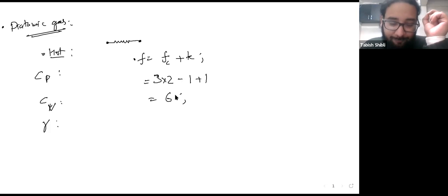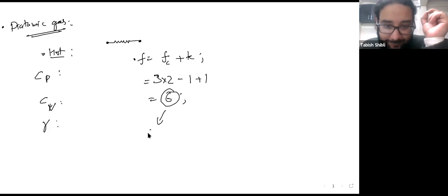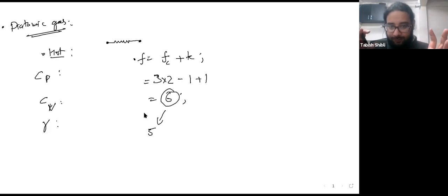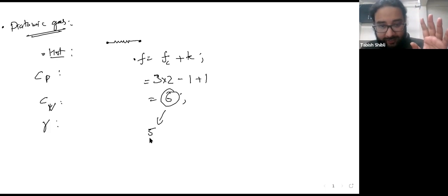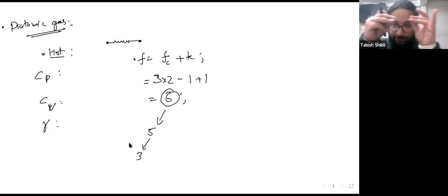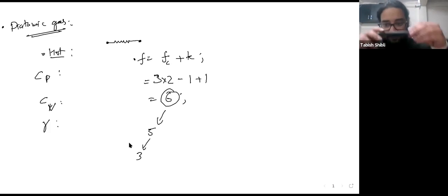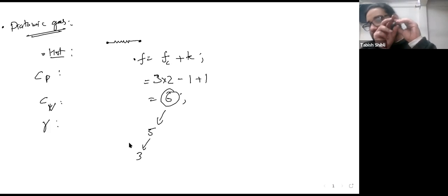But one has to realize that out of these 6, 5 are because of only kinetic energy, in the sense that there are 3 which are because of translation. ये पूरा यूं जाएगा, ऊपर नीचे जाएगा, आगे पीछे जाएगा. 2 because of rotation, ये यूं घूमेगा या फिर यूं घूमेगा. तीसरा क्यों नहीं हो सकता? तीसरा इसलिए नहीं हो सकता because there is no point in rotating about this axis, right?